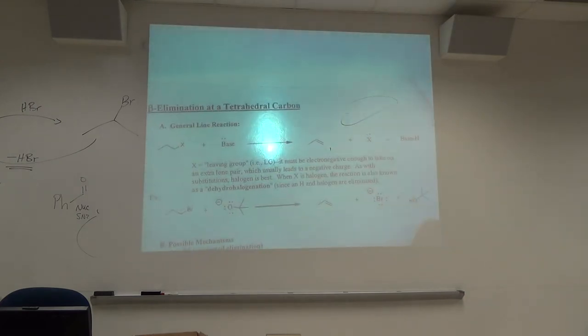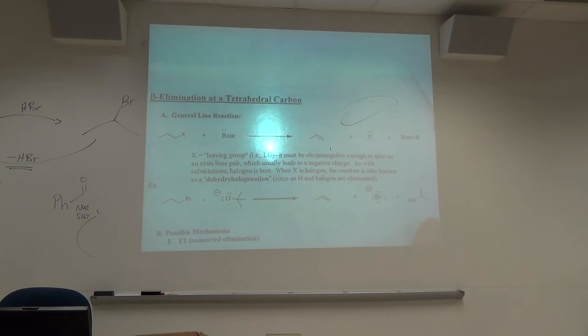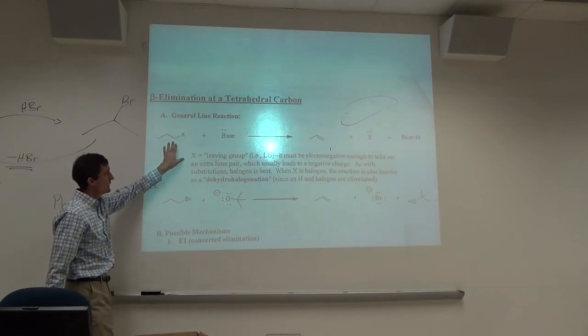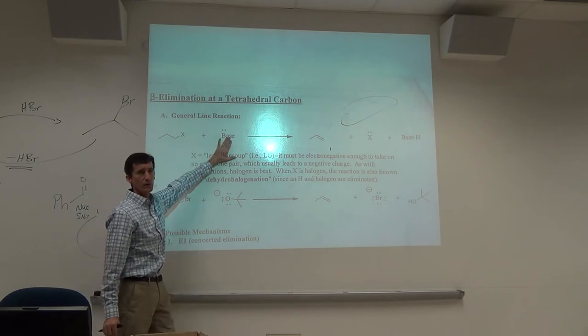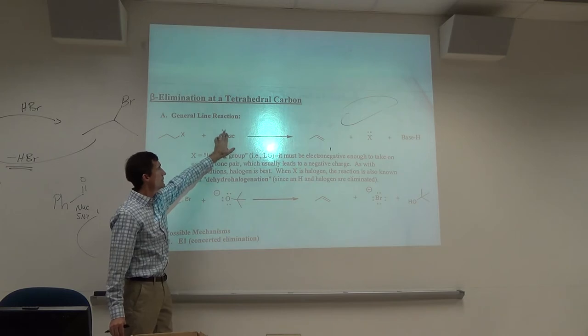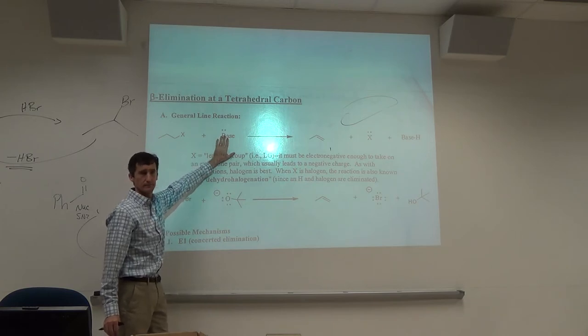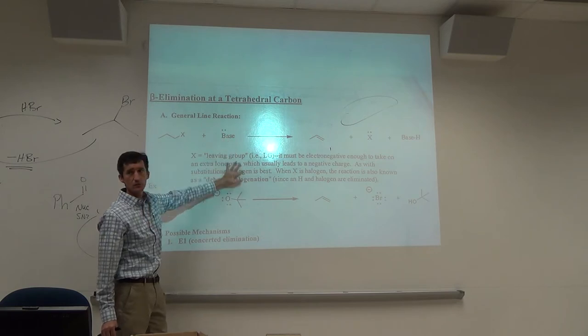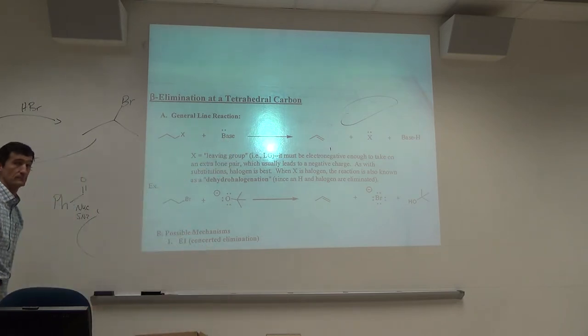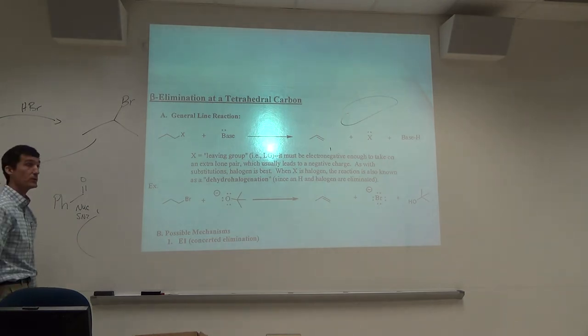General introduction again. Pretty much has already said this. What we're going to have is a carbon with a leaving group. Instead of a nucleophile, we're going to have what we call a base. But it also is going to have a lone pair. The reason we're going to call it a base is because it's going to abstract a hydrogen. The lone pair will act as a base.